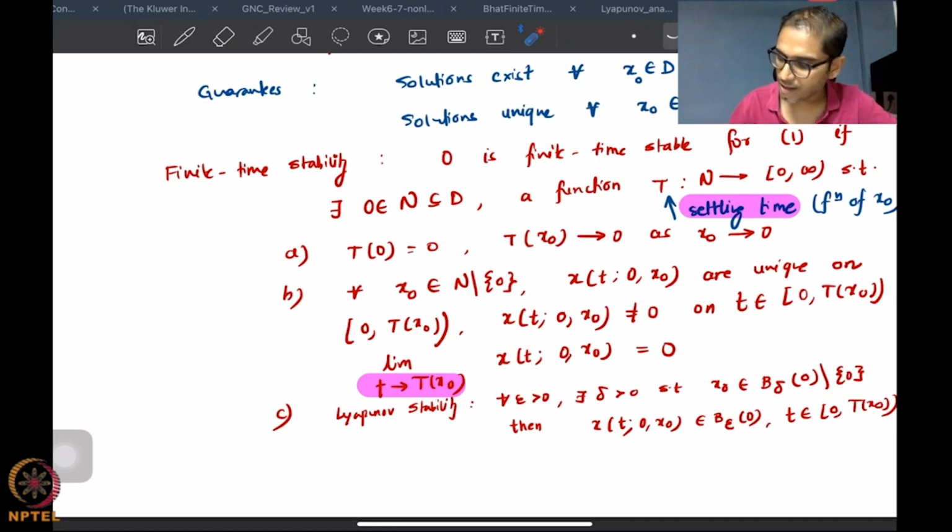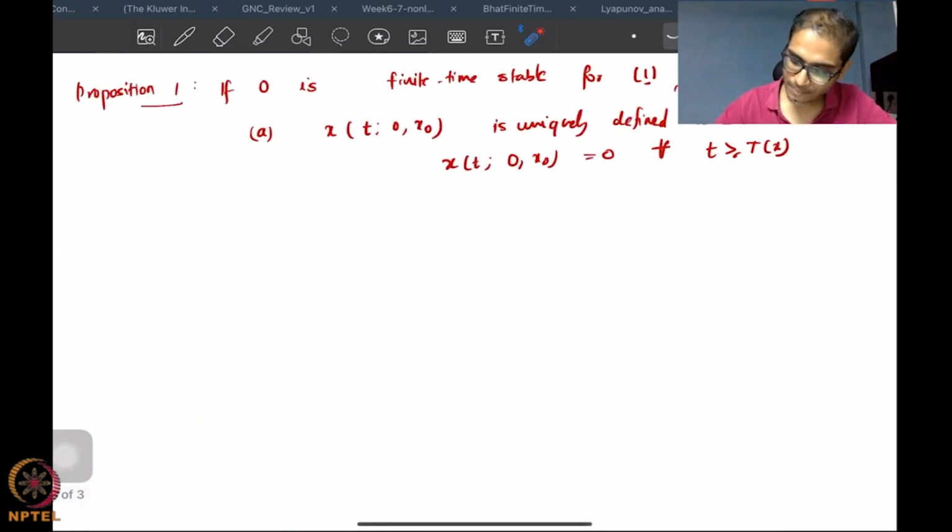Well, you are already at the equilibrium, so you're not going to move unless there is some disturbance, but we are not considering disturbance cases here. This is for the purpose of defining the notion of finite time stability in a disturbance-free or noise-free situation. Therefore, once you reach the origin, which is an equilibrium, you will always stay there for all time beyond. It makes sense.